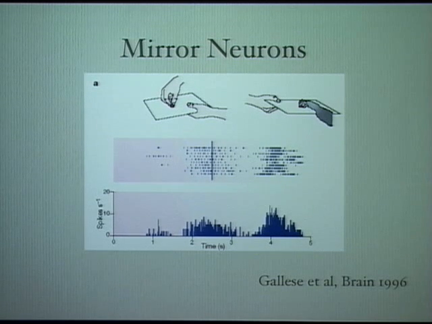And this is called a histogram, and it plots the firing rate change over time. One thing you can see is that there is, of course, a discharge for both execution and observation of action, although it's slightly larger for execution. And that's an important concept also to remember.